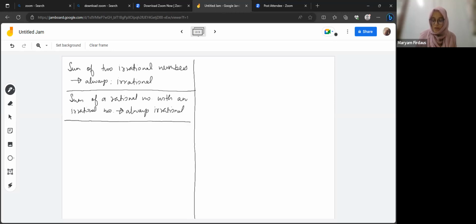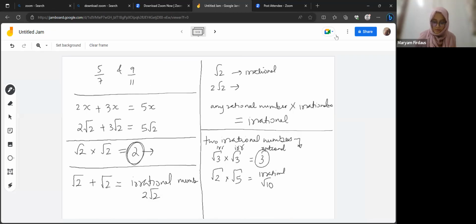Now let's recall what we just studied about the product. Product of two irrationals, when both of them are irrational, what did we just see? Will it be always irrational or what? Look here and tell me. Yes. Two irrational numbers, it'll either be rational or irrational.